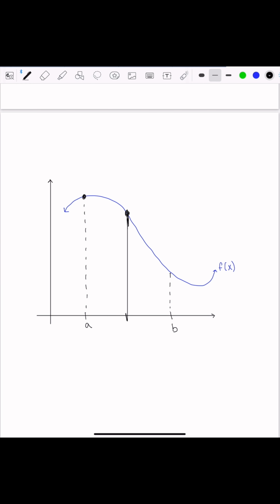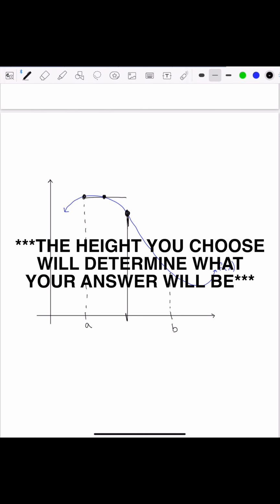I could use this height here to draw my first rectangle on the left, or I could use this height here, or I could even use this middle point right here. Depending on what height you use, your answer is going to differ. So we have three options for heights.